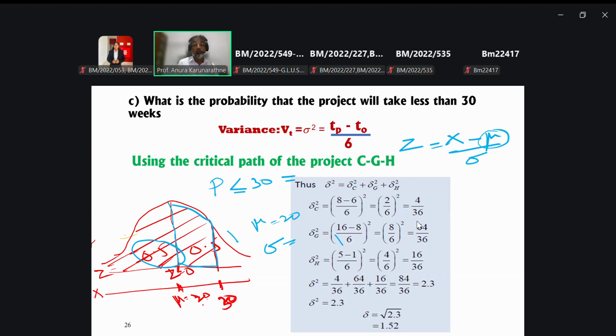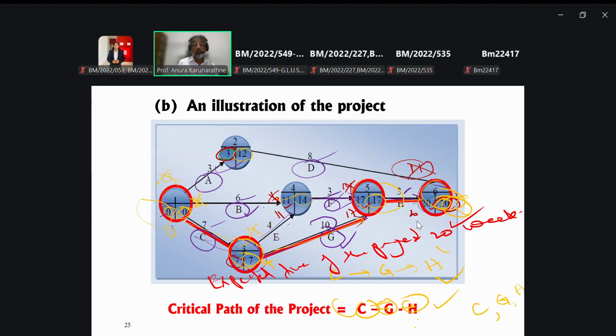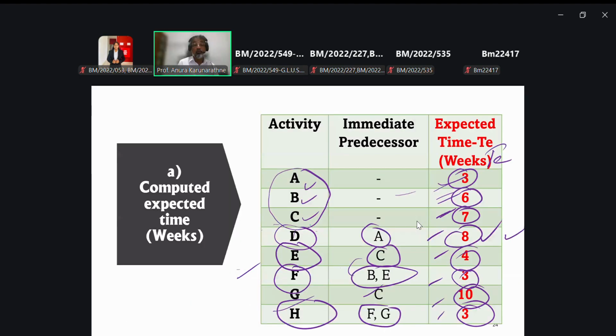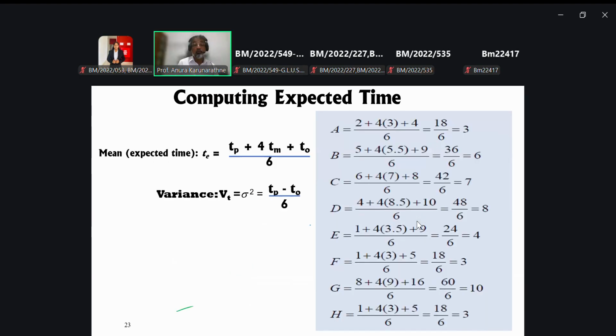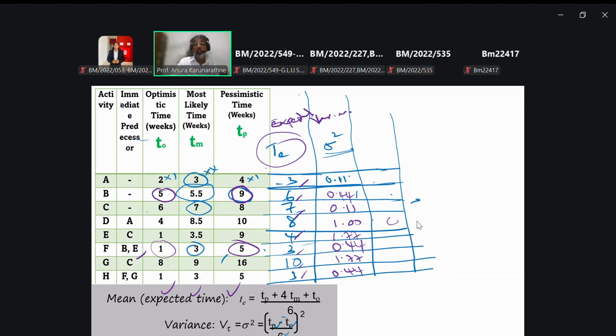Now you know the critical activities here: C, G, N, H, right? So what is the variance of the critical activities C, G, N, H? You are not given the standard deviation, only the variance.